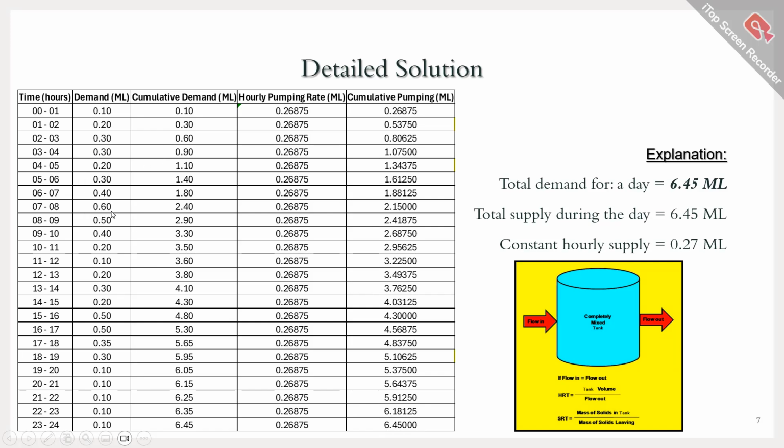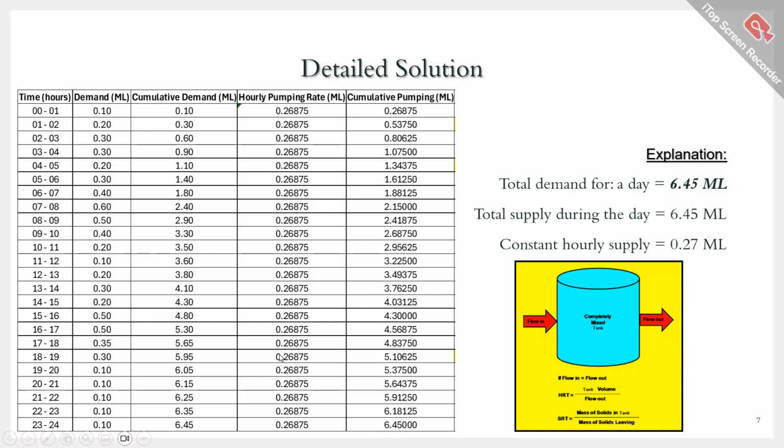For demand, you cannot just multiply by the number of hours, because the demand is not constant. So you have to add the previous hour's cumulative value plus that hour's demand in order to calculate that particular hour's cumulative demand. But here you can directly multiply, because the hourly supply rate is constant, but the hourly demand is not constant.